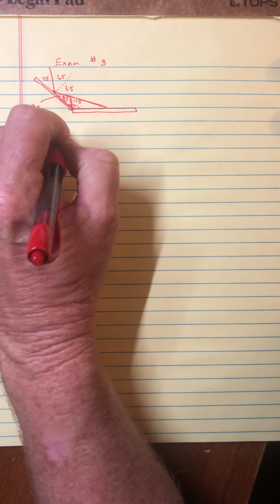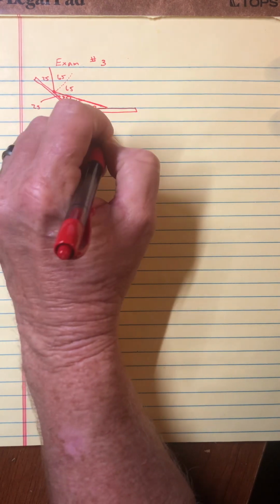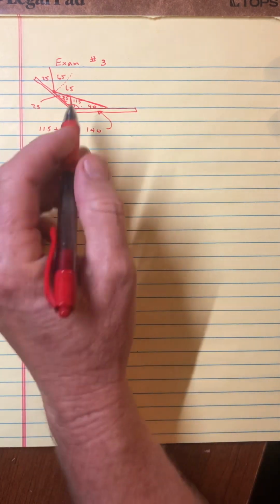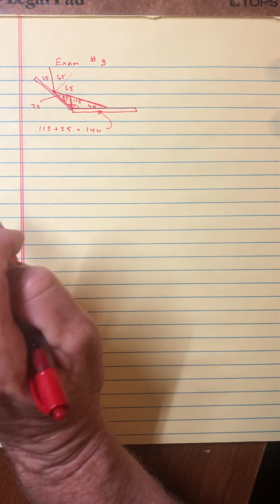Then if we draw this triangle with this one at 115 and this at 25, 115 plus 25 is 140. That leaves 40 degrees left, because the sum of all three angles of a triangle is 180 degrees.